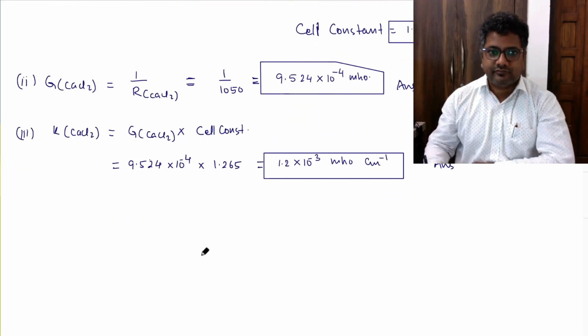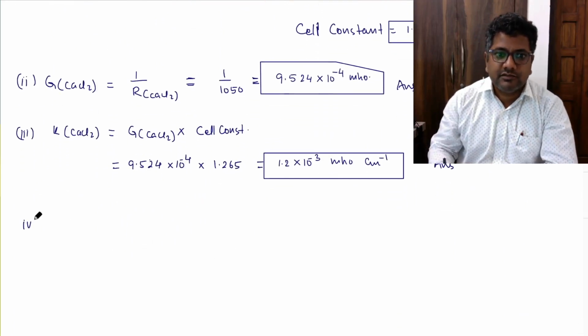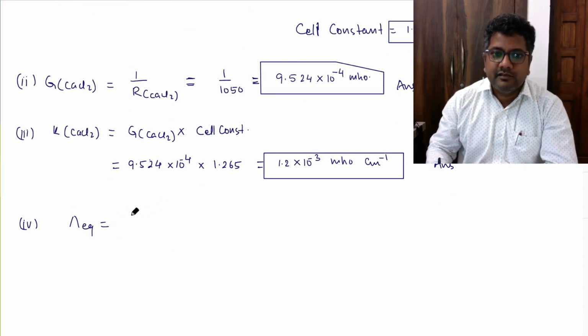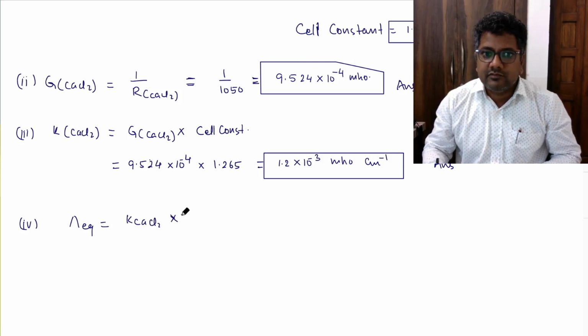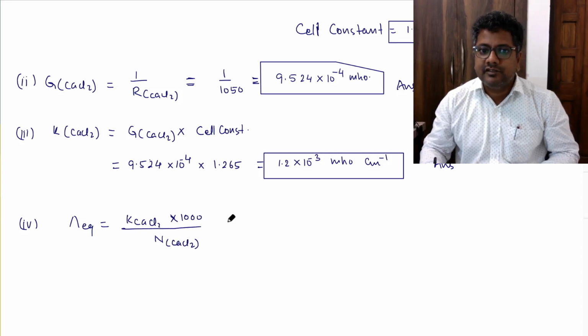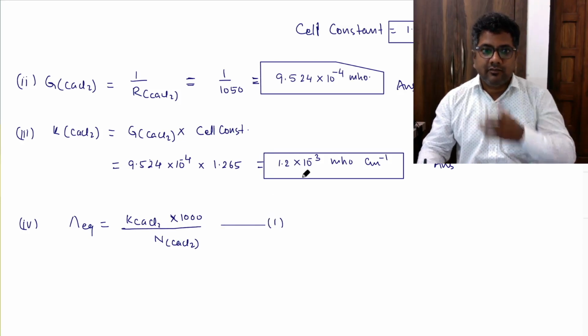So fourth, lambda equivalent is equal to kappa for calcium chloride into 1000 by the normality with respect to the calcium chloride. So this is the equation. Kappa we have calculated already.